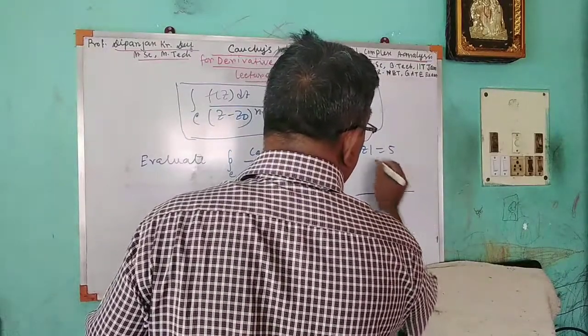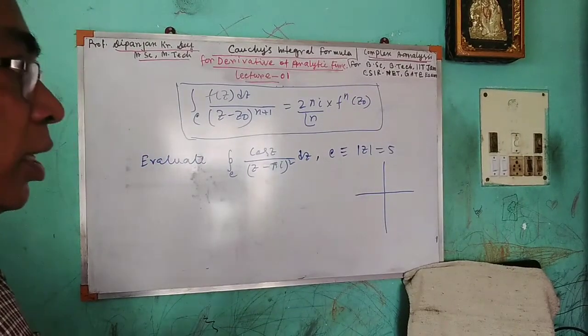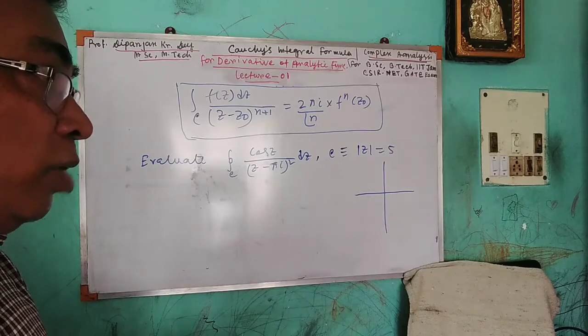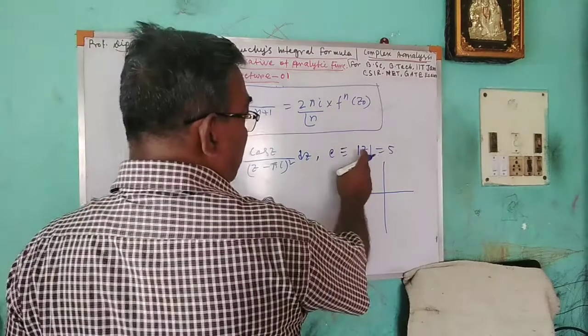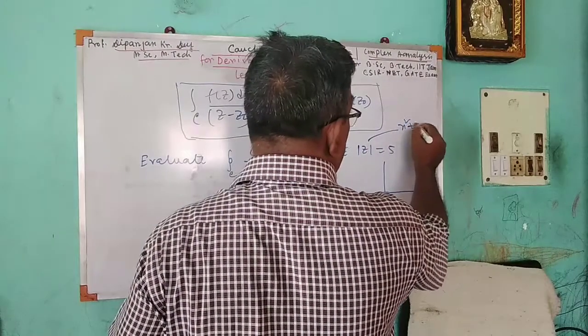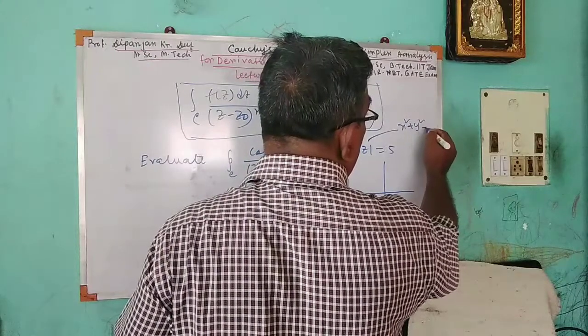If we put z equal to x plus iy, then mod z becomes root over x square plus y square, and squaring both sides, equal to 5 square.